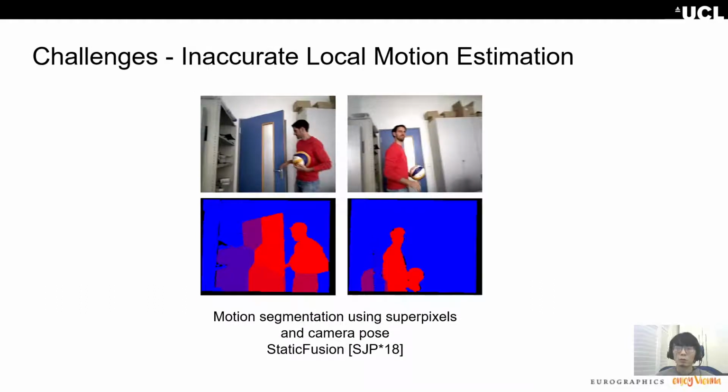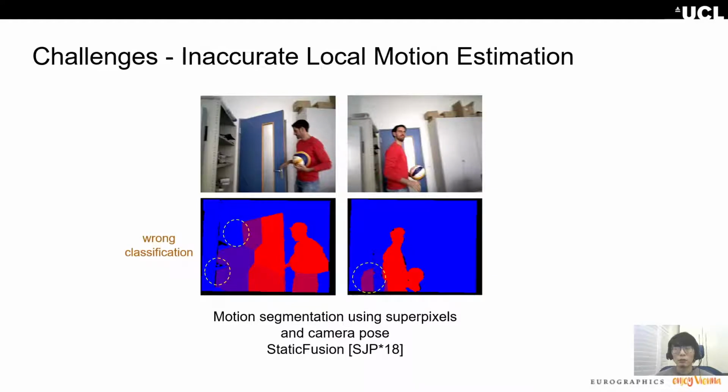While the ground truth motion may be similar or ambiguous, the local motion estimate has another issue. If you estimate the motion of a patch or a superpixel, this small segment of pixels might be weakly constrained, so the local estimation may be wrong, as in the example shown here.